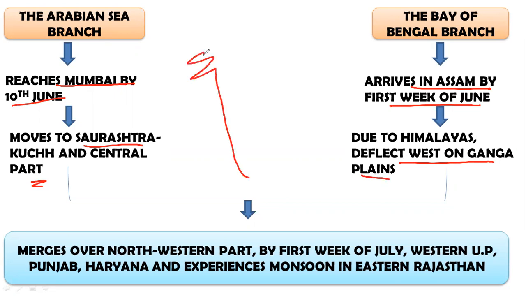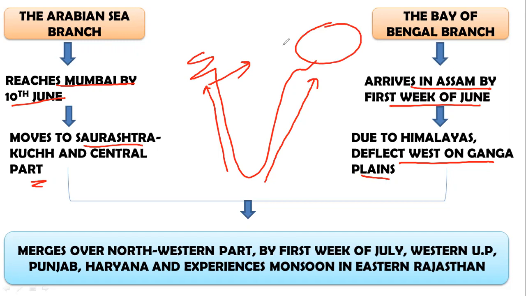The same thing that we just discussed. This Arabian Sea branch moves towards Saurashtra, that is Gujarat, and further towards the interior of India. The Bay of Bengal branch causes rainfall in Assam and the northeast, and due to the presence of the Purvanchal hills, this branch gets deflected as well and moves towards the north of India.